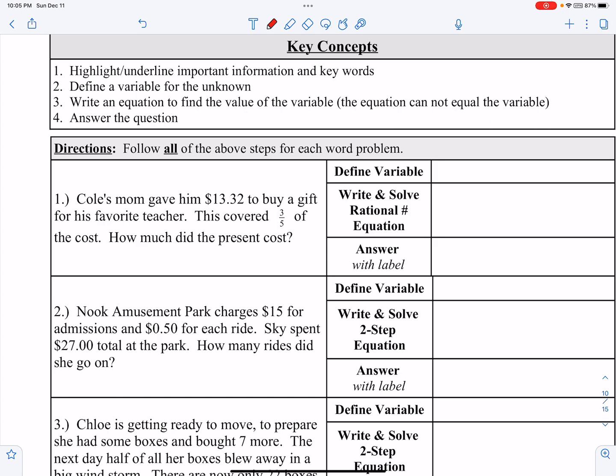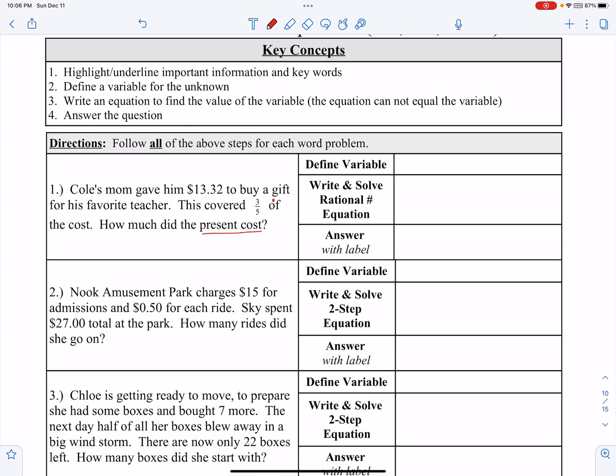Okay. Mr. Hodge. This covered 3/5 of the cost. So I'm noticing little things like of means multiply. That amount is what Cole's mom gave him total. But I'm really going to focus on this question. How much did the present cost? And so that's my unknown. The thing I don't know, that's going to be my variable in this case.